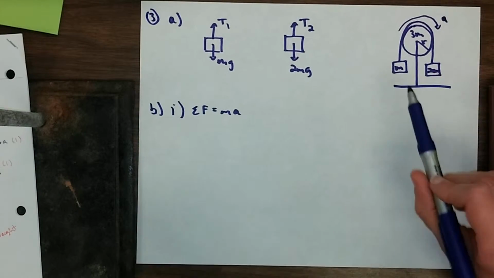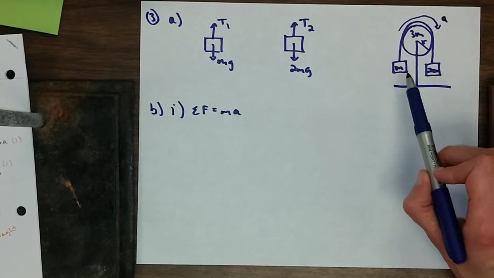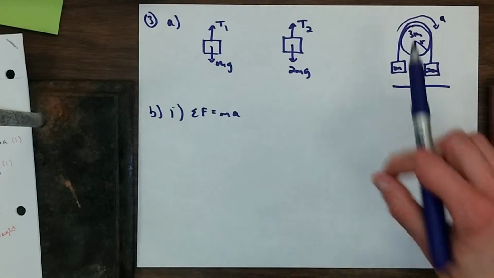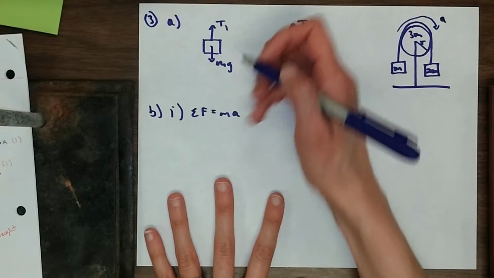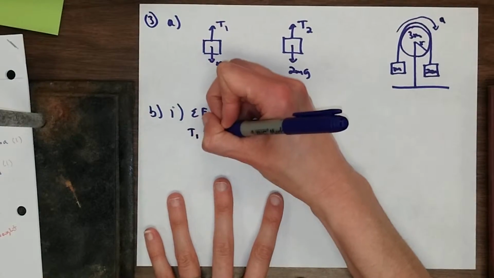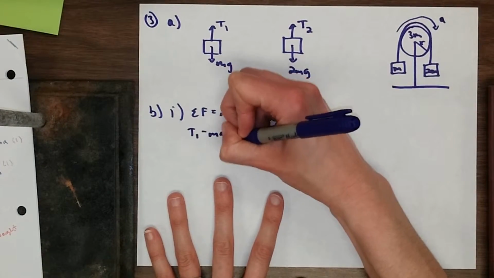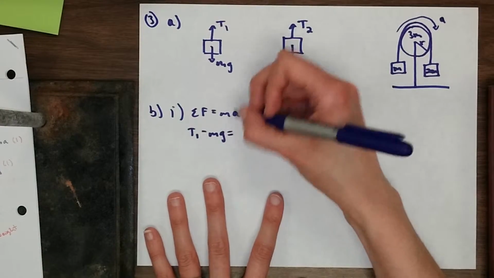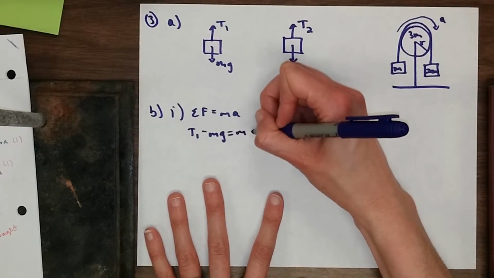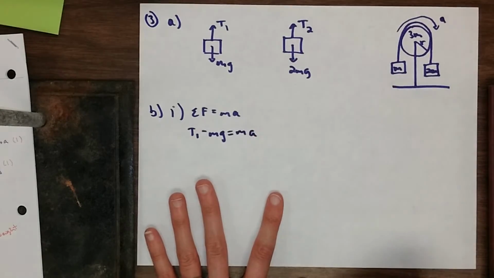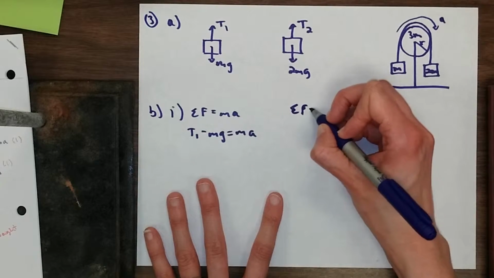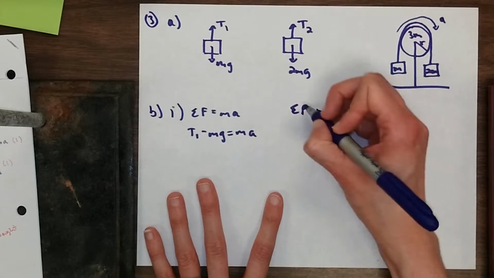So if we're focusing on this mass first, it's going to accelerate upward. So we want to call that the positive direction. So the upward force we will start with, and then we'll subtract the downward force. So net force on that one is T1 minus mg, and that will equal its mass, which is m, times its acceleration.